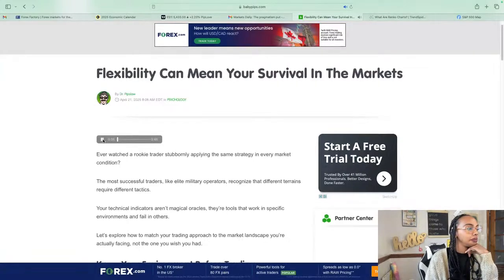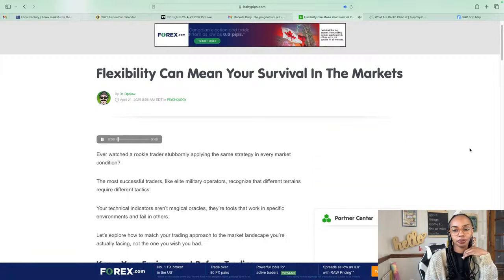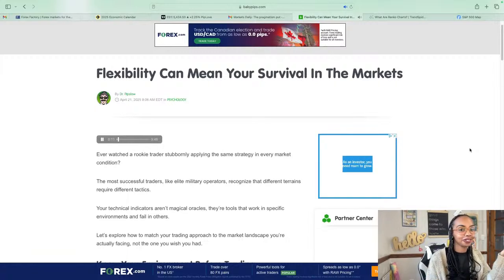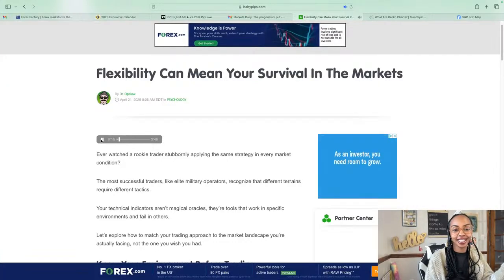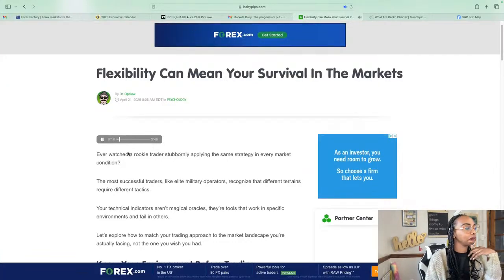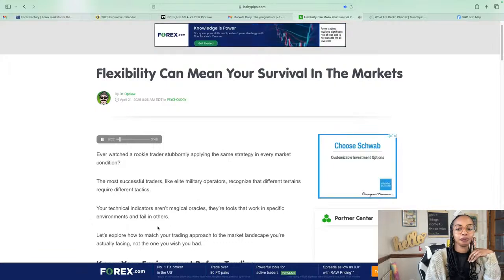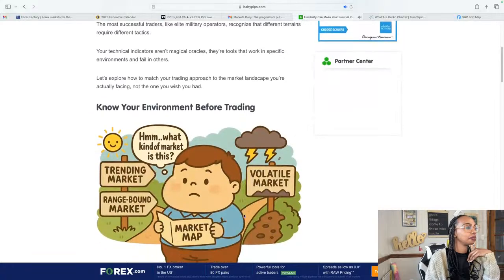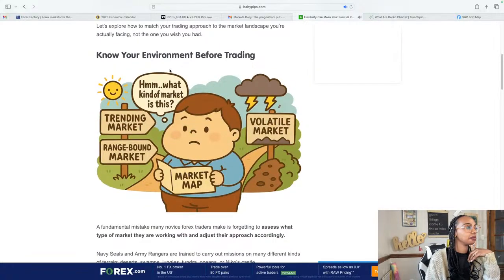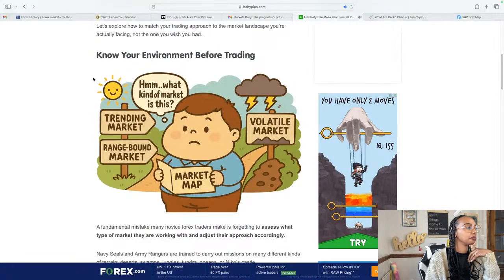Ever watched a rookie trader stubbornly applying the same strategy in every market condition? The most successful traders, like elite military operators, recognize that different terrains require different tactics. Your technical indicators aren't magical oracles. They're tools that work in specific environments and fail in others. Let's explore how to match your trading approach to the market landscape you're actually facing, not the one you wish you had. Know your environment before trading.